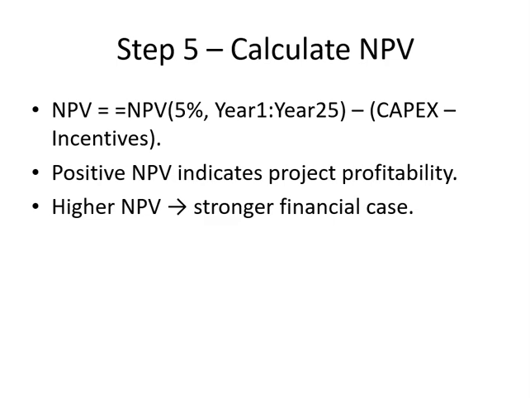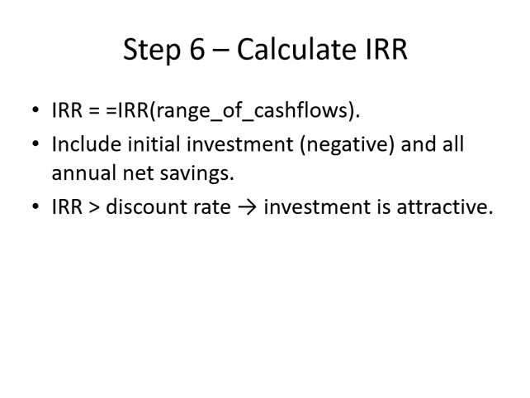To get the IRR, we enter the initial investment as a negative in year 0 and the net savings as positive for each year. If the IRR is greater than the discount rate, the project returns are considered attractive.